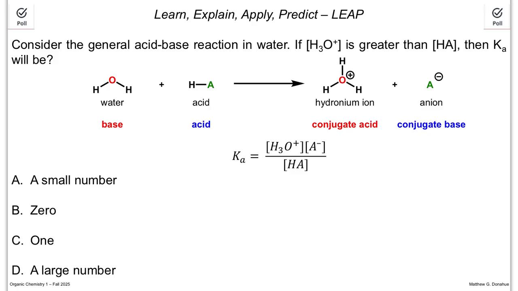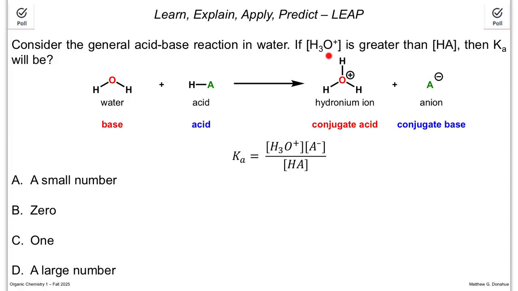So if we just do some thought experiments here, if the concentration of hydronium is greater than HA, what is the resultant acidity constant Ka? Really what you're doing is just making up some numbers and throwing them in there.